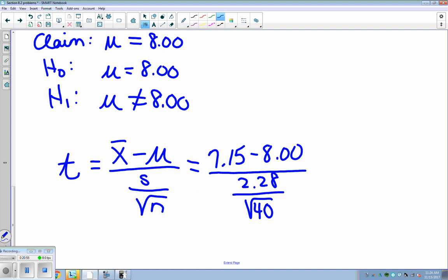Here you need to put in parentheses. I'm going to put a parenthesis here and a parenthesis at the end as I'm punching that in.